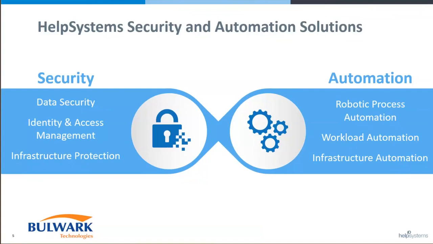One of the overriding goals for HelpSystems isn't to have two separate product sets of security and automation that never talk to each other. Our goal is to look at how we can use security and automation to complement each other.